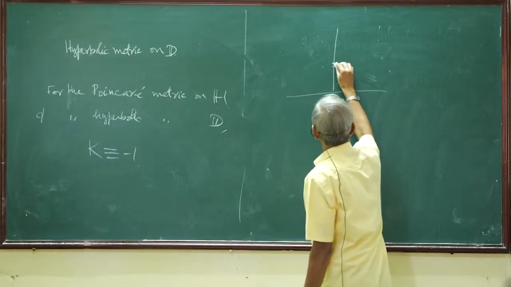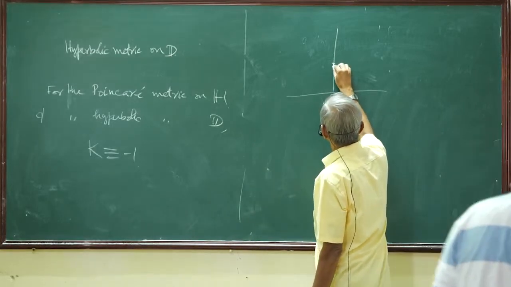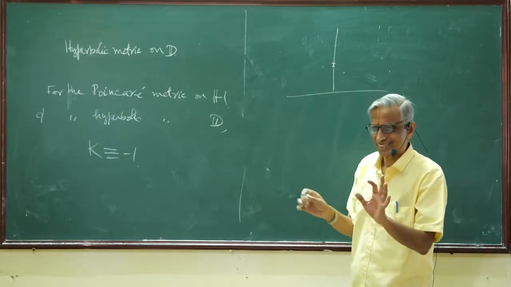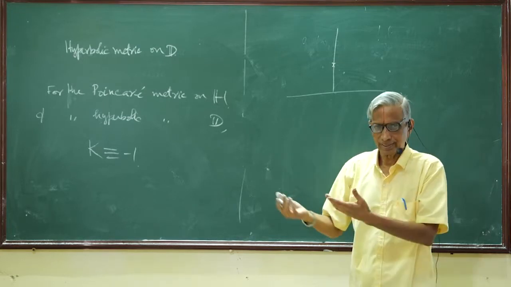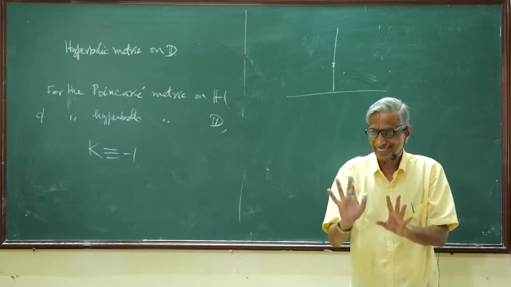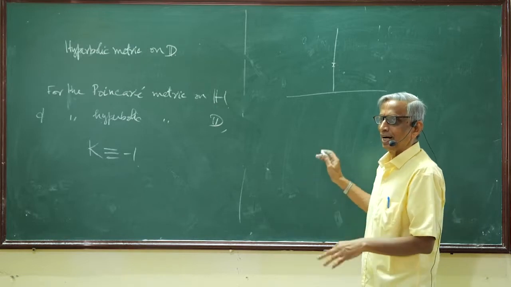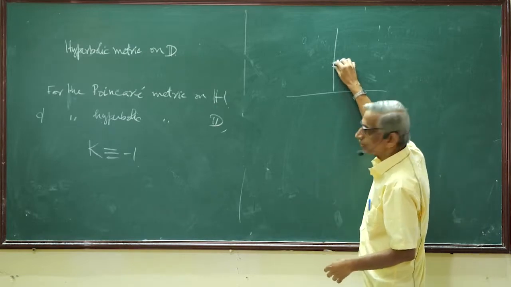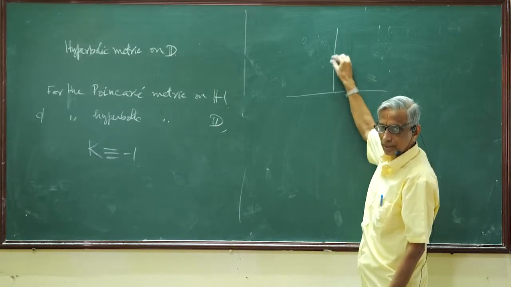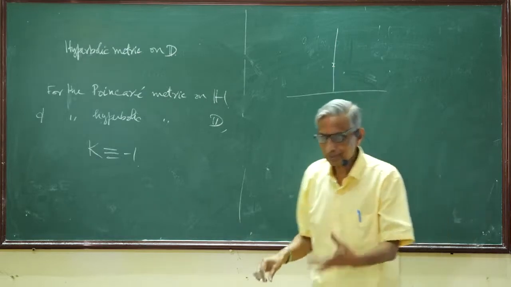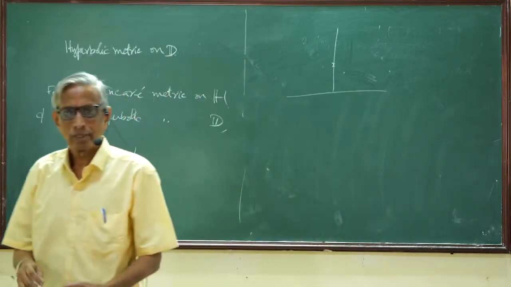Suppose you fix some length, right? Length 1, if you like, or length half, or whatever, the Euclidean length, okay? But if you move the same thing this way or that way, the length will change, right?